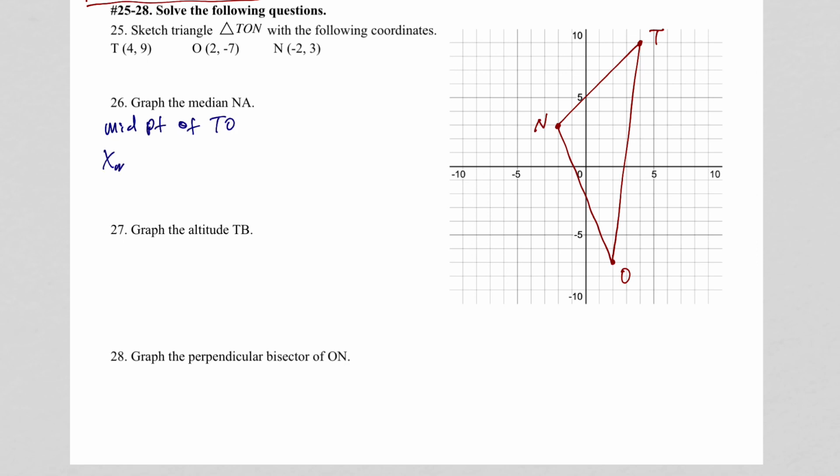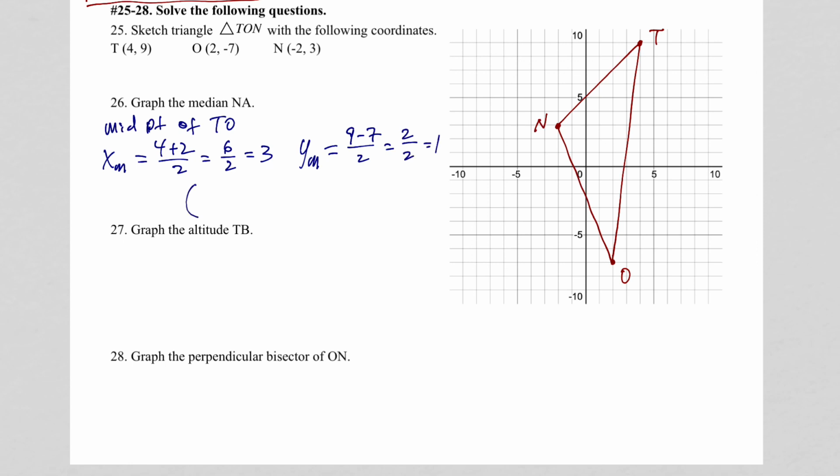the X value of the midpoint is 4 plus 2 over 2, which is 3. The Y value of the midpoint is 9 plus negative 7 over 2, which is 2 over 2, which is 1.